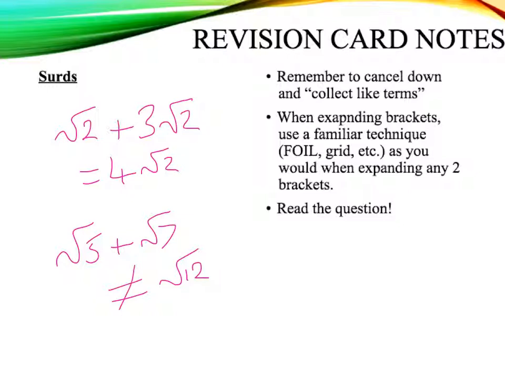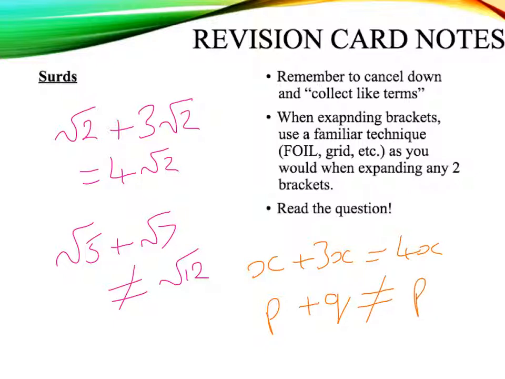I cannot just add the roots like this, only if they are the same. If it's easier to remember it, think about what you would have done if you'd got x plus 3x. You're happy you can collect them together. Whereas if you'd got p plus q, there's nothing else you can do with that. Okay, so that's not the same as pq or something weird like that.